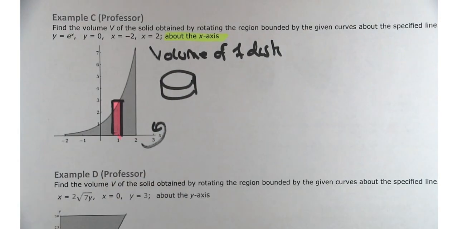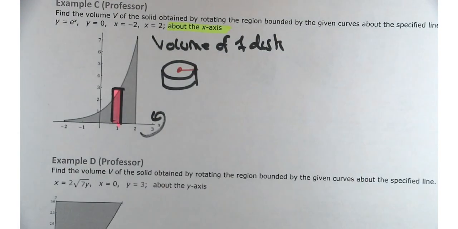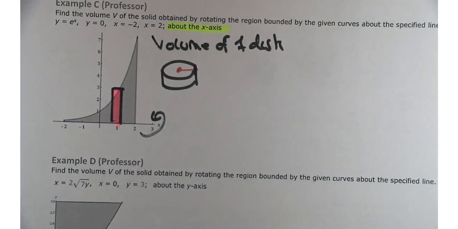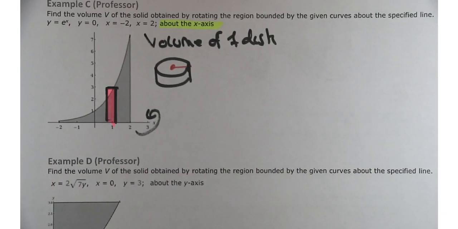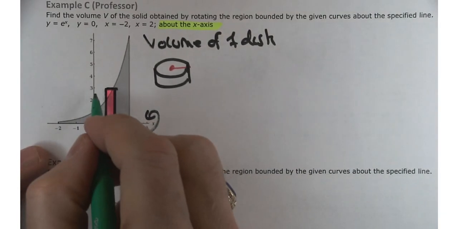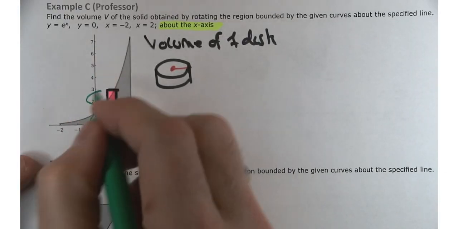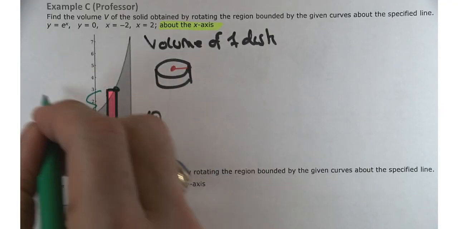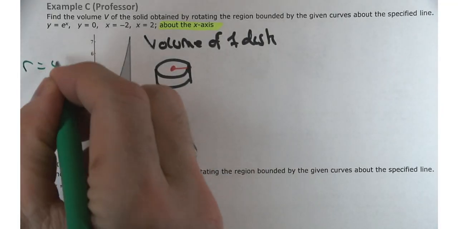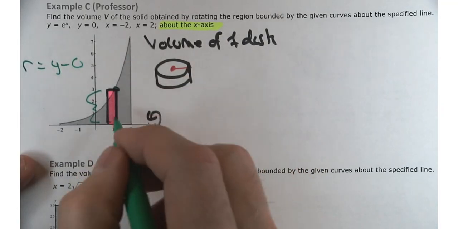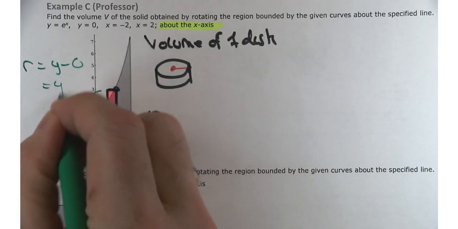So we need a radius. Again, just as a matter of habit, I want to get you good with these things. The radius is going to be this distance here. R is going to be y minus 0, top minus bottom, or just y.